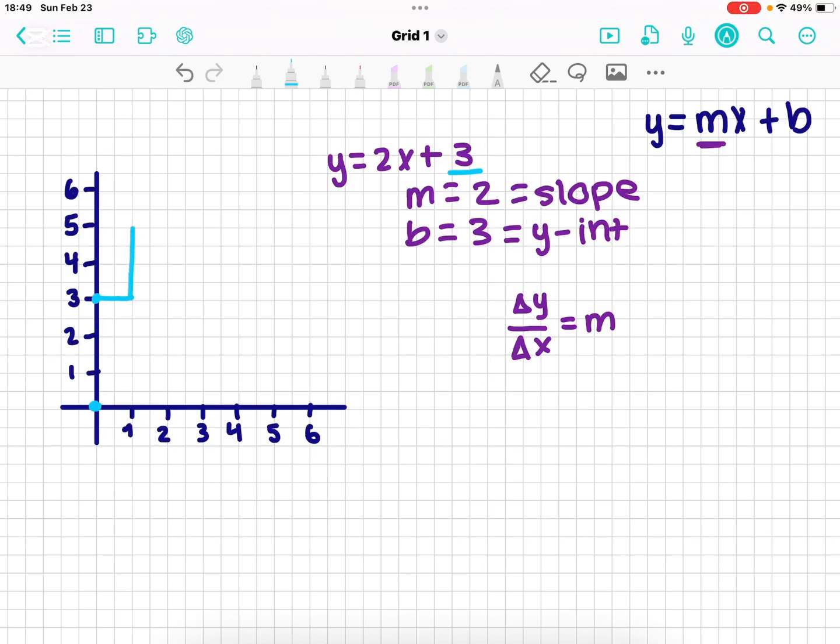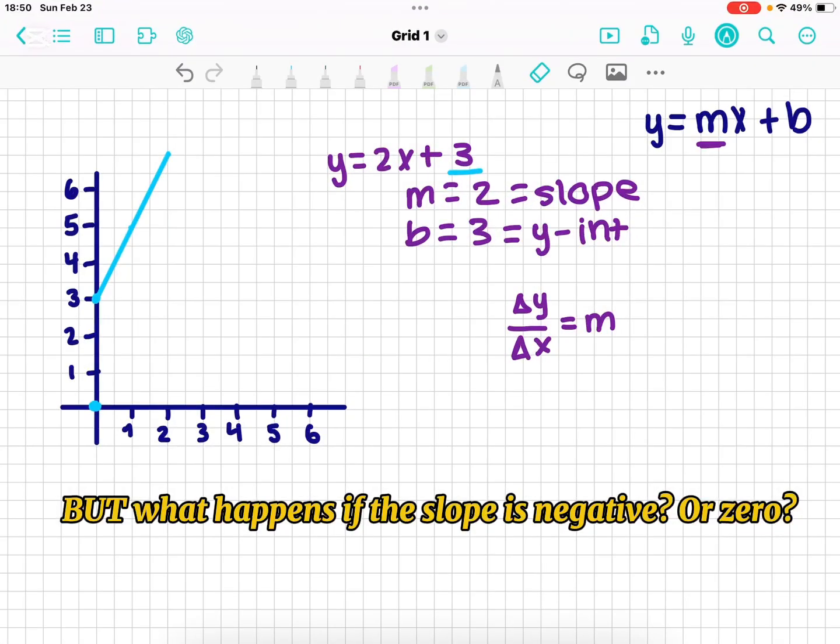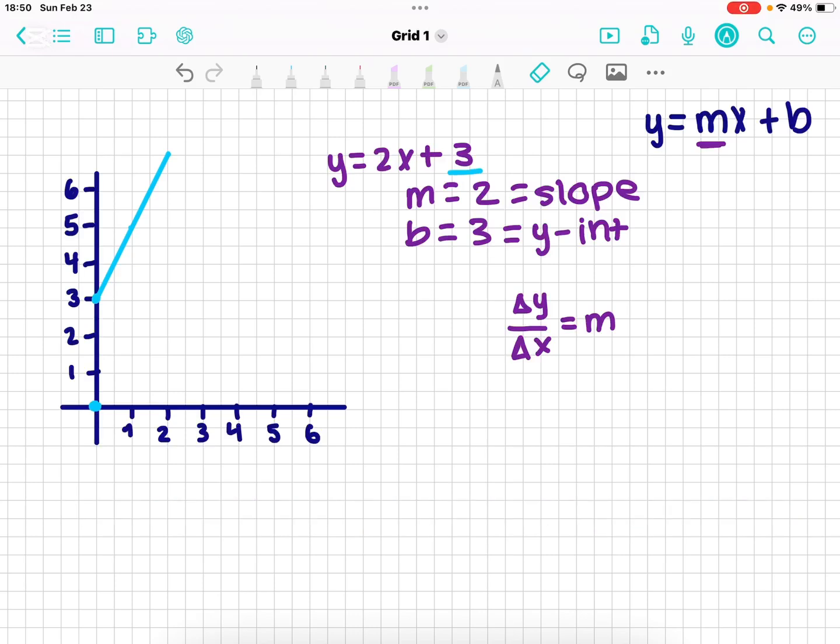Basically, our line would look something like this. So now you not only know what the slope is and how it works, but also you've just learned how to graph a linear equation. But what happens if the slope is negative or 0? We're gonna look at some examples.